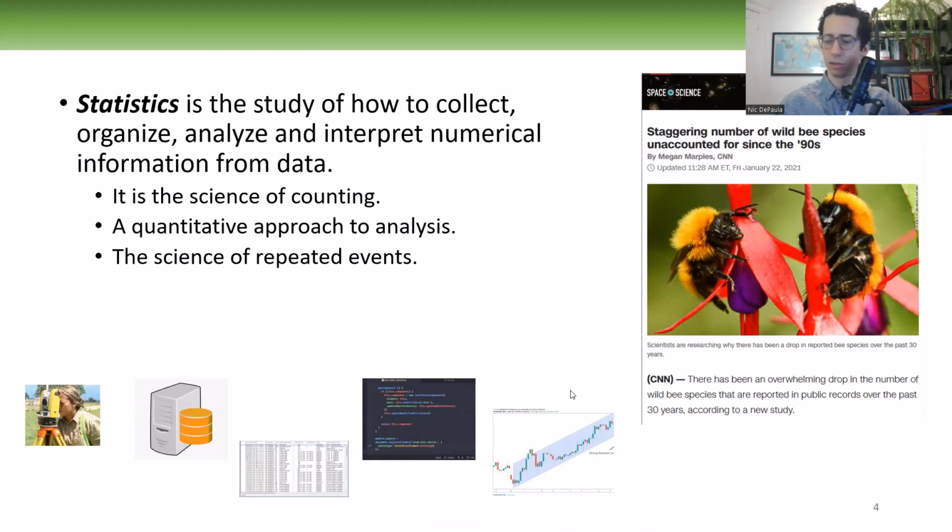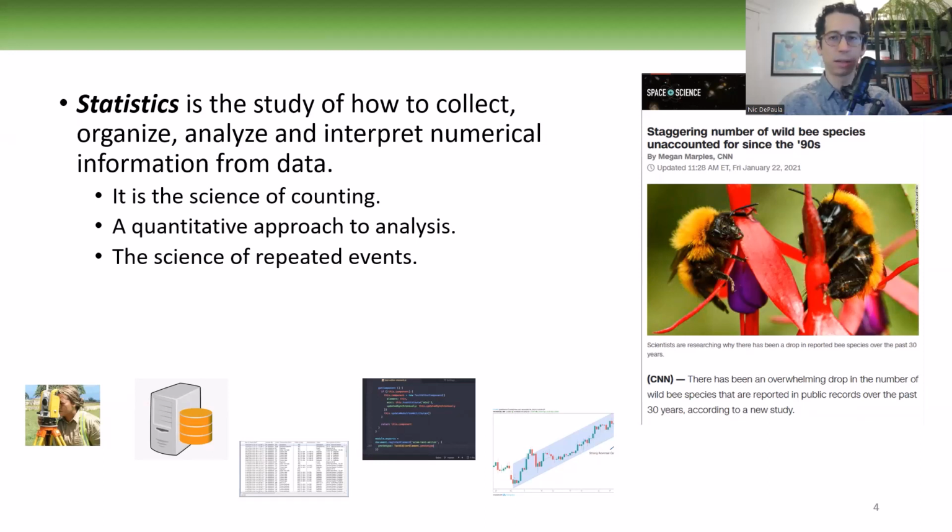And I put these terms here, counting and repeated events, because it is a kind of approach for generalizing information, taking repeated events and identifying general patterns that are observed across place and across time, and also finding causal relationships.